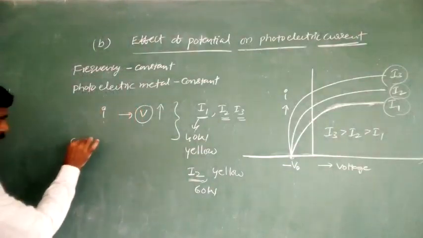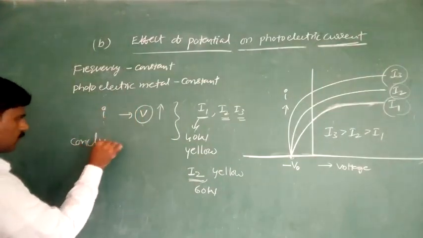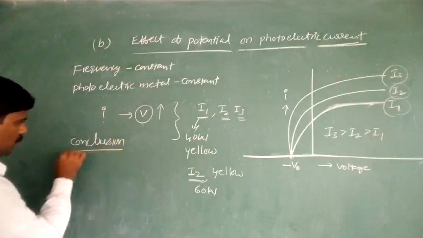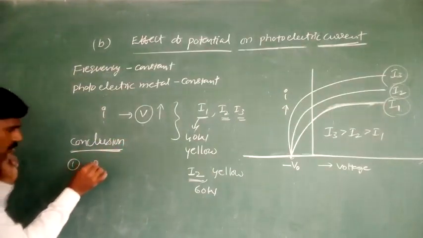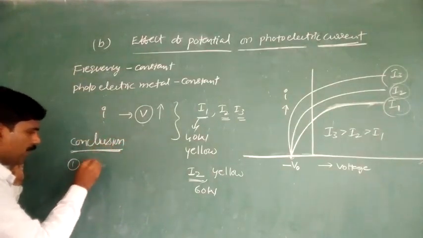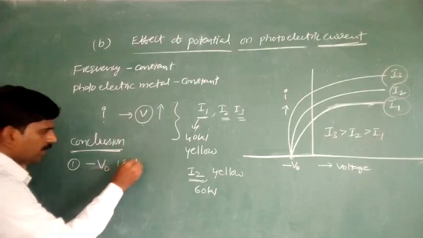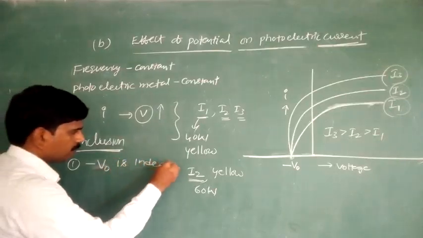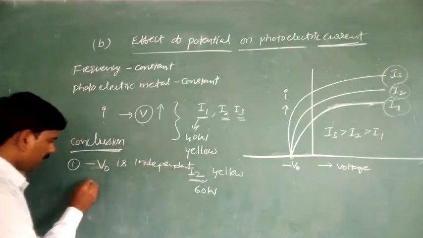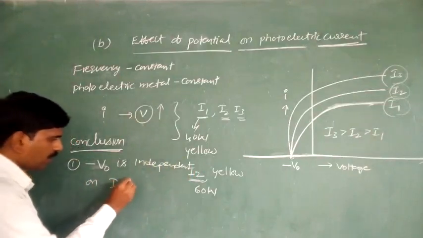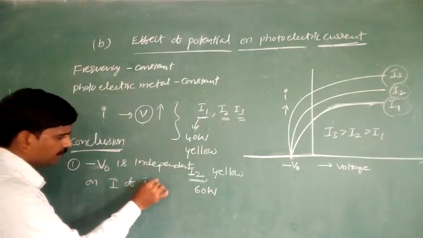Conclusion. First one: the stopping potential, this is minus V naught, is independent of the intensity of incident radiation.